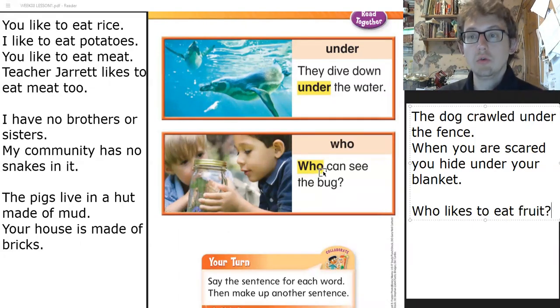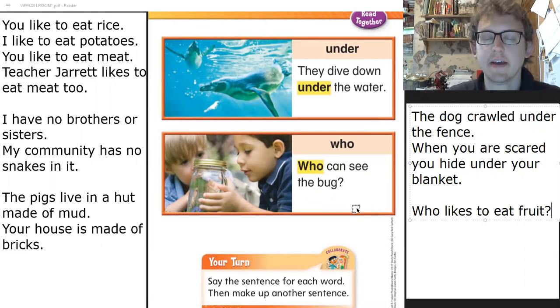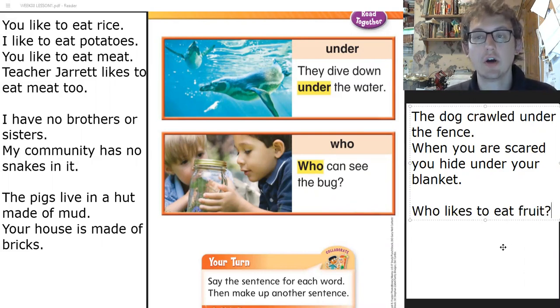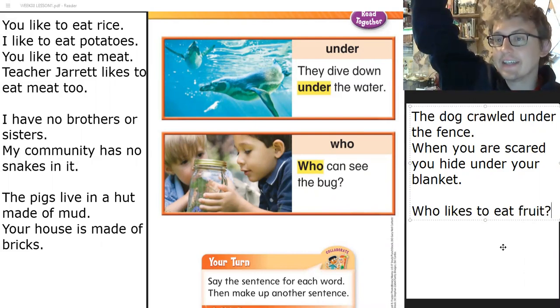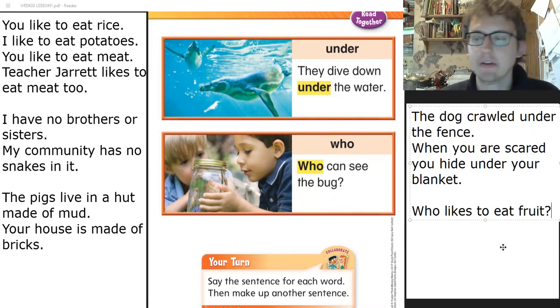So the word who is used to ask a question, and it's to find out what people like or what people do, okay? So one example is, who likes to eat fruit? So I can say to our group, who likes to eat fruit? And then if you like to eat fruit, you raise your hand and you say, I like to eat fruit, right?